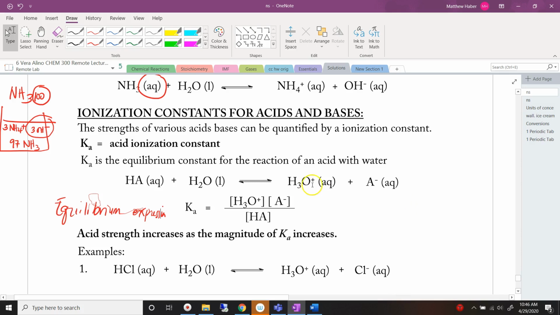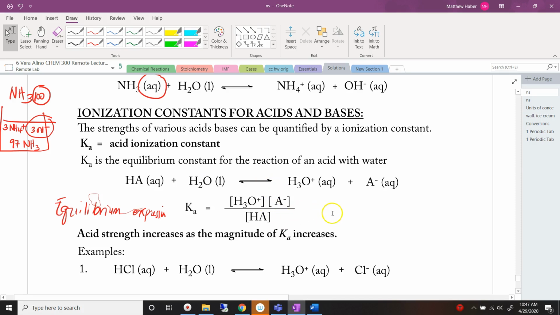So you have the hydronium ion, times the amount of A- ion in the solution, divided by the initial concentration of the HA in that solution. So that's your Ka value.